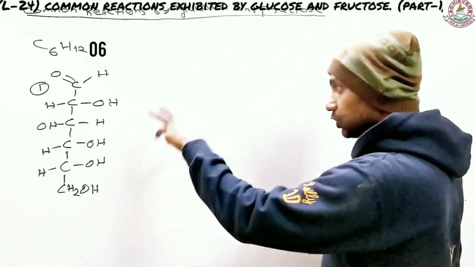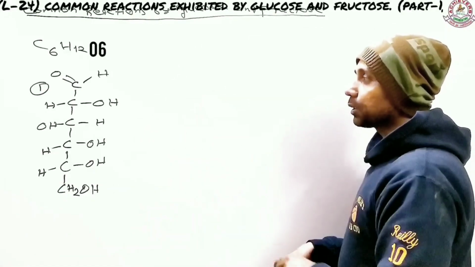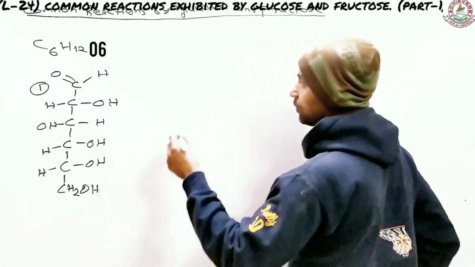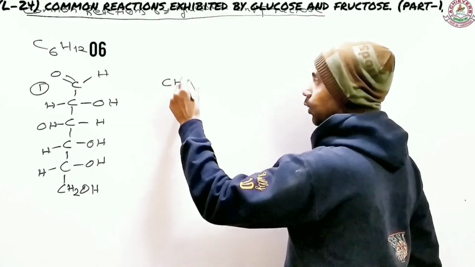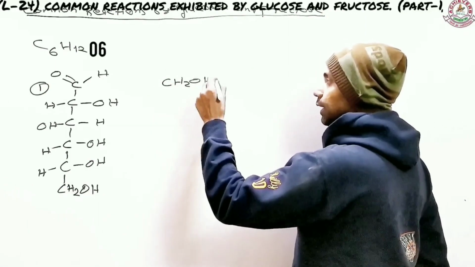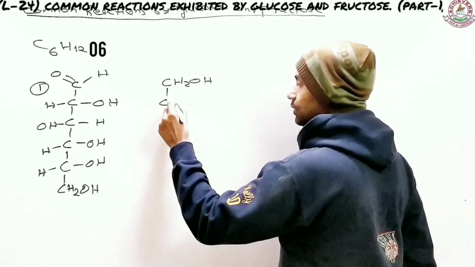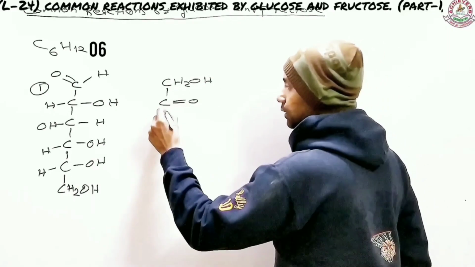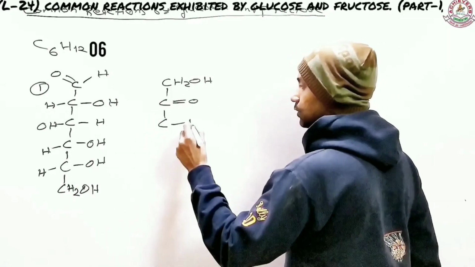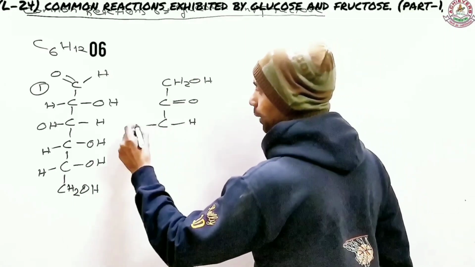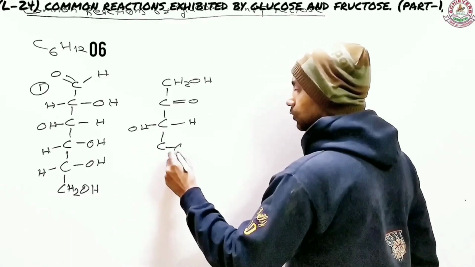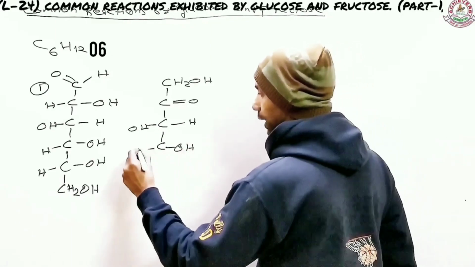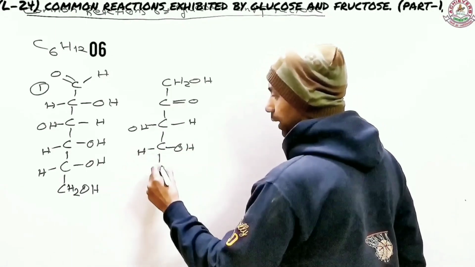Now, let me write the fructose structure as well. The first one is in the form of CH2OH. Then your second one is in the form of a ketone. The third one has no change. It's going to be H, and on the left hand side OH. The remaining carbons have OH on the right hand side, just like glucose, while hydrogen on the left hand side.